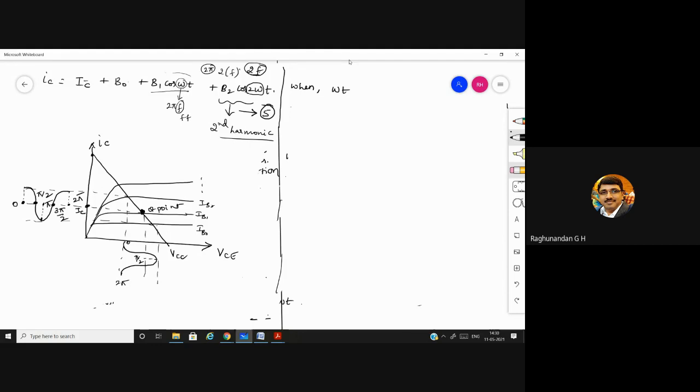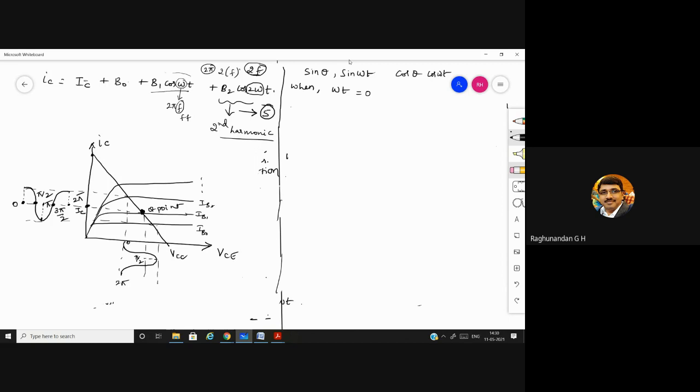You can represent a wave by cos theta or cos omega t. Any signal can be represented using sin theta or sin omega t. Same way, cos theta, cos omega t. So now when omega t is equal to 0, that indicates theta is 0.